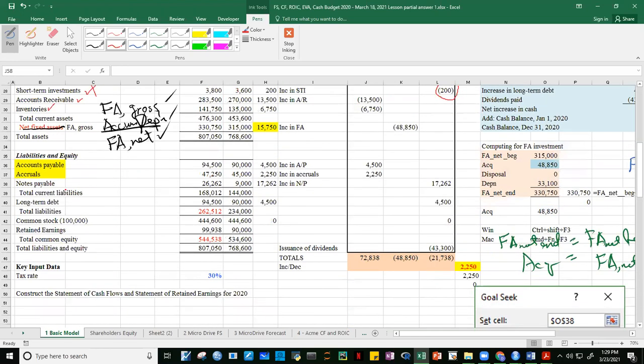How about our current liabilities? There are only three. Accounts payable, is that an operating current liability? Is it part of operations? Yes, correct. So that's part of your current liabilities.